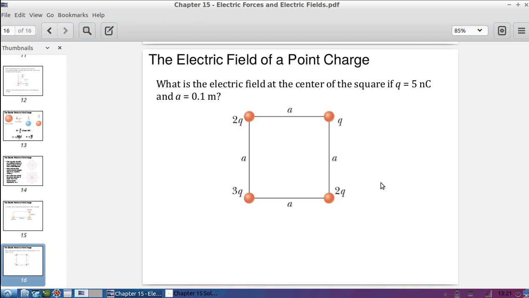But I find that it's much easier to avoid calculation errors if you solve the problem in terms of all the variables and then wait till the last step to substitute those values in. So try and practice that as you're doing the WebAssign, or you're practicing these extra problems.